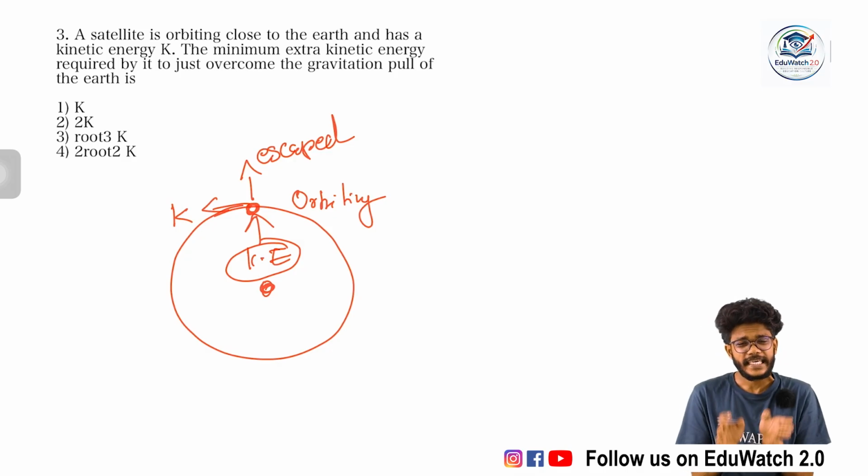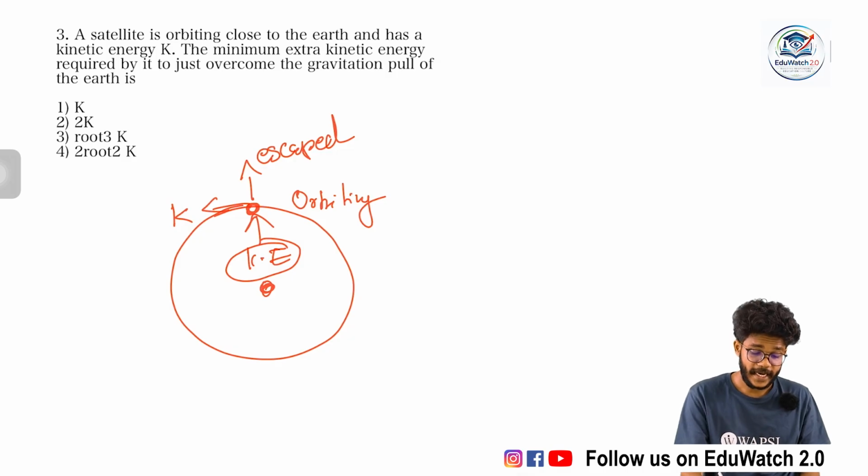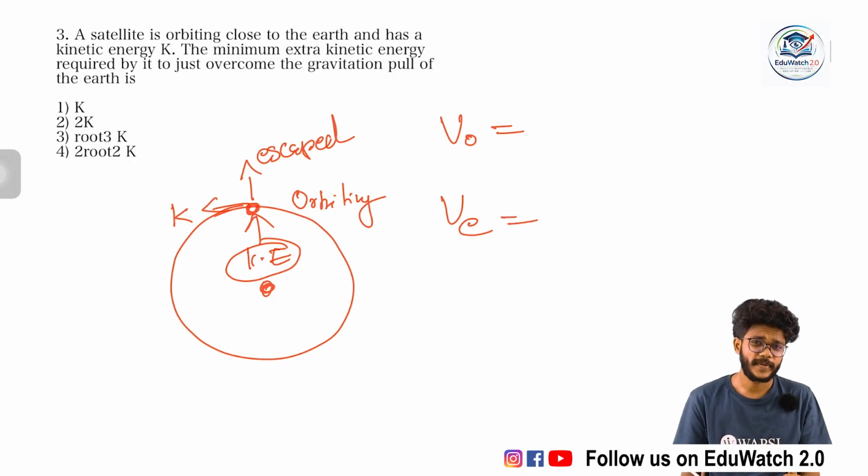So actually in here we must know the equation for velocity when it is in the orbiting stage and when it is escaping. Therefore we need to consider the orbital velocity and the escape velocity, and we need to compare these quantities. So what is orbital velocity?